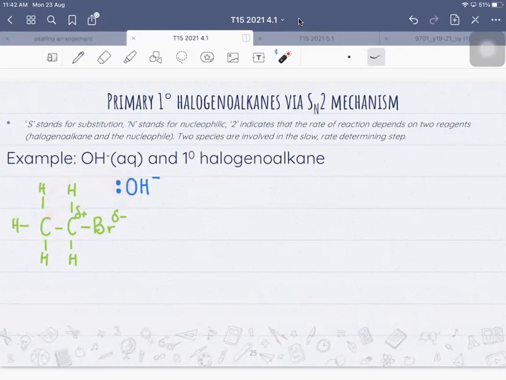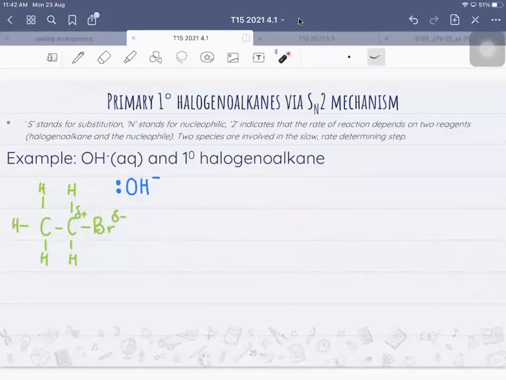Otherwise, they will just repel. Okay, because we would imagine this carbon, the one that has no dipole, will have some sort of electron density. Here at least we know that delta plus means it has low electron density. Delta minus means it has high electron density.